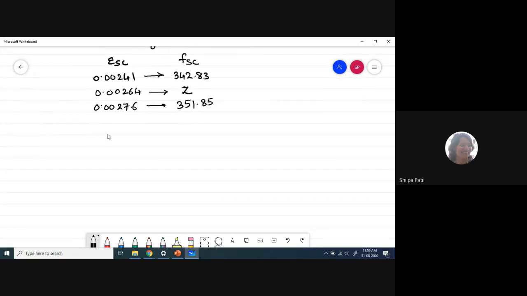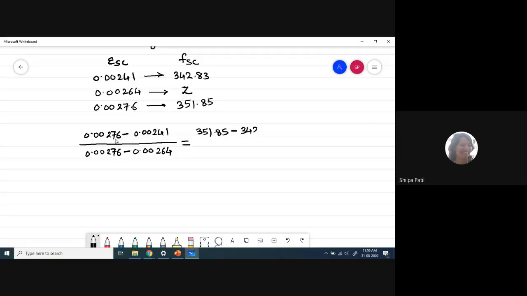I hope everybody remembers how to interpolate. 0.00276 minus 0.00241 divided by 0.00276 minus 0.00264. If you are able to do the interpolation directly on the calculator, you can do it. I always use this very old method.